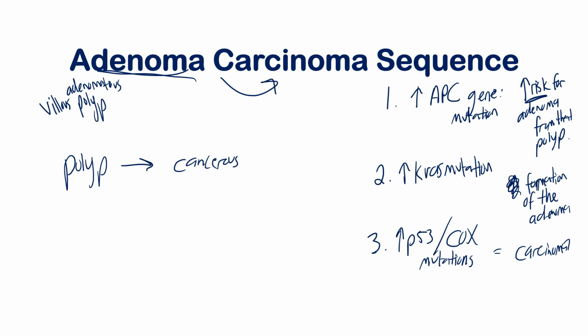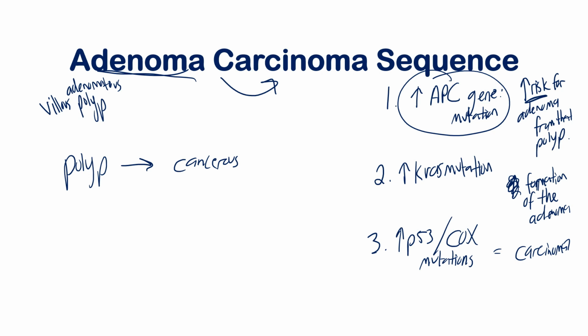So we went through all the different types of polyps, and I said that a villus adenomatous polyp has the highest chance to become an adenoma and then eventually become cancerous. Well, what's the cycle of that? You have this villus polyp. There's nothing wrong with it, but you know that they probably have an increased APC gene mutation at that site, which would increase the risk for that to eventually become an adenoma.